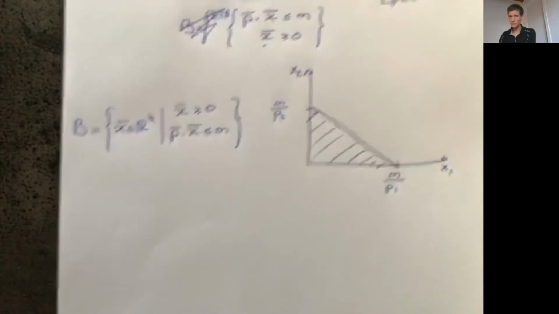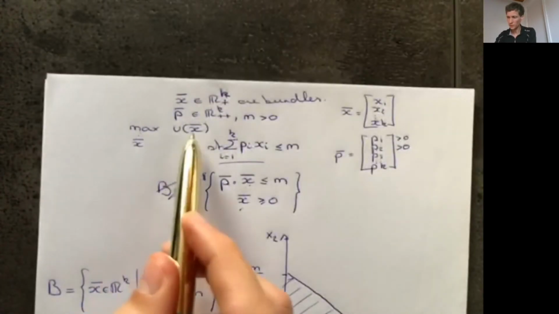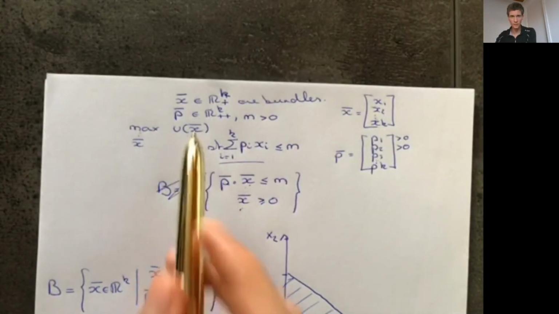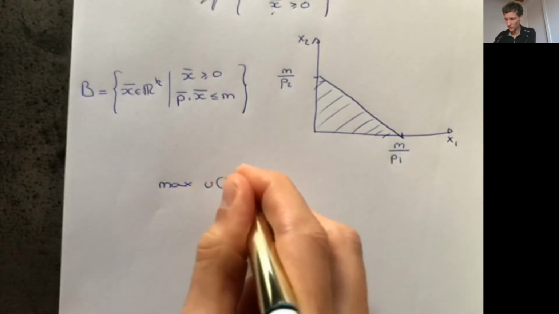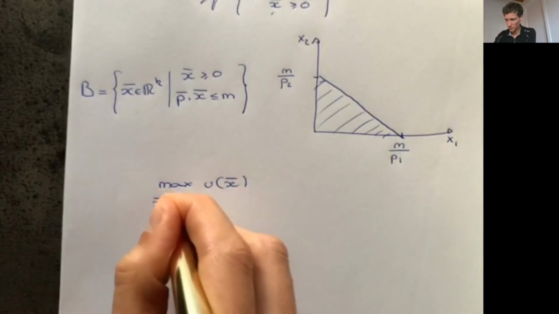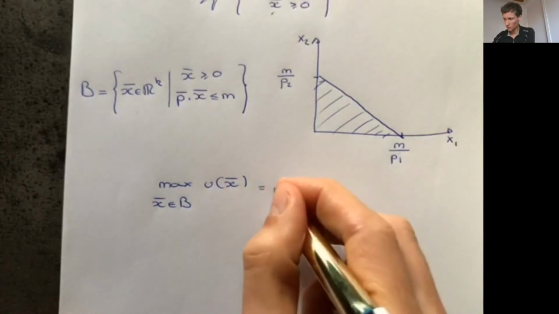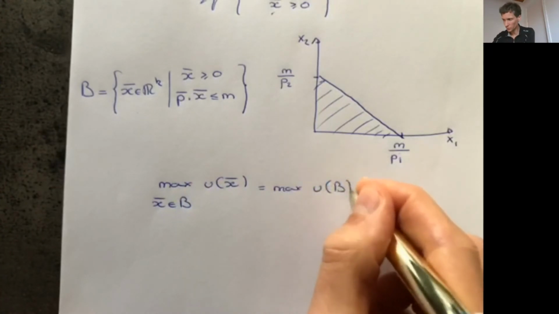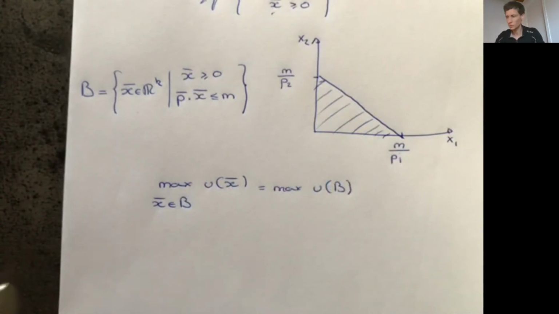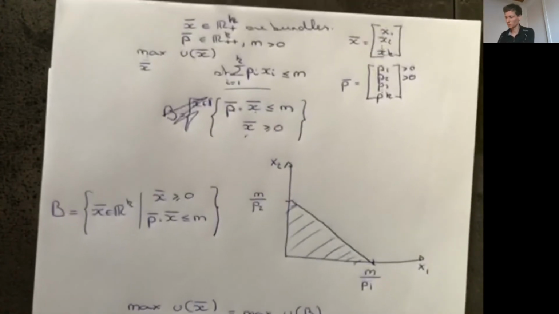Okay, so basically what the consumer is doing, well, he's maximizing the utility of x given that x is in the set B. So if you rewrite it, we maximize u(x) given that x is in B, or we maximize the number in the range of u over B. Okay, so this is a very shorthand notation for this long maximization problem.